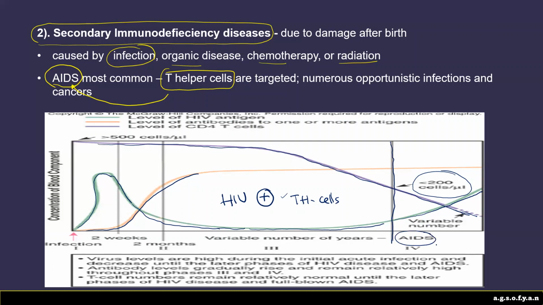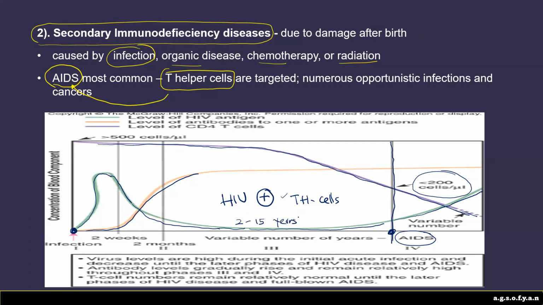During this time, they will mostly be helpless because they don't have the ability to protect themselves against any infectious disease. If you see this, the incubation period from the initial infection to becoming AIDS takes a long time, usually about 2 to 15 years.